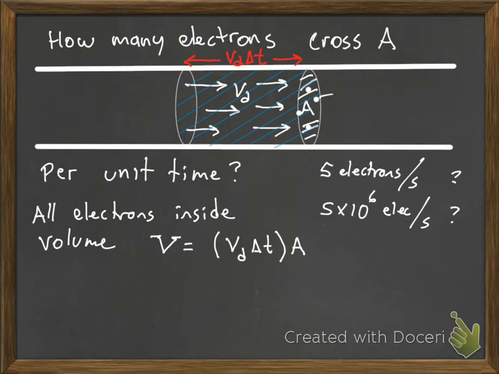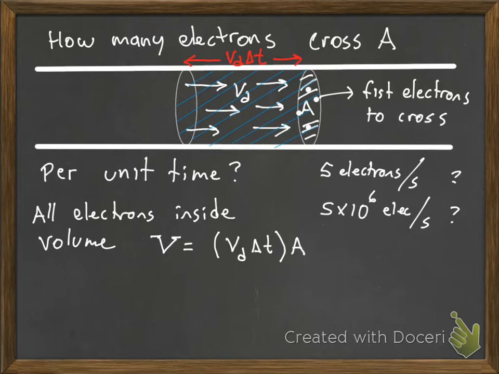The answer is that if you start your stopwatch at a particular moment, then the first electrons that are going to cross that area are the electrons that are right next to the area. Those are the first electrons to cross.